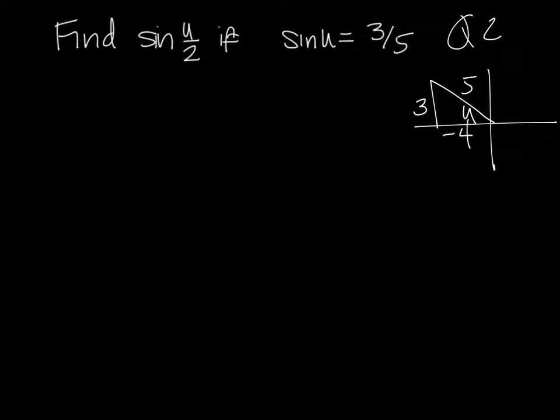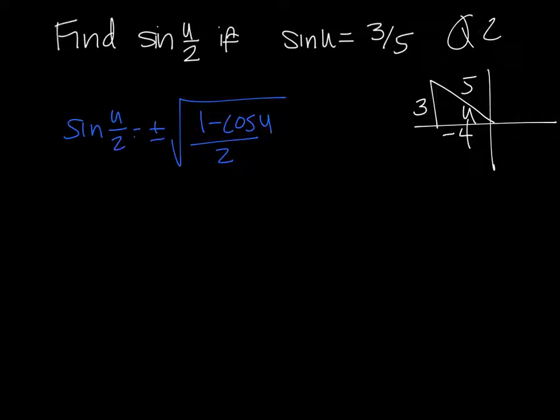Okay. So now I want to find sine of u over 2. Now the formula for sine of u over 2 equals plus or minus the square root of 1 minus cosine u over 2. And that's all right because I know the triangle that'll give me the cosine of u. So we go ahead and replace that.